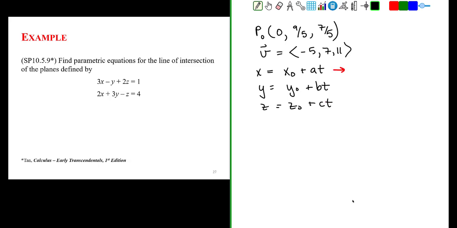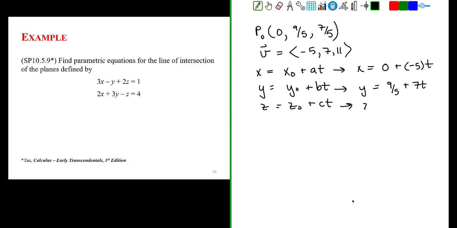Well, this then is x equals x0, which is 0. I'll just write it out here, but this is redundant. Plus a, well, a is -5, t. For y, we have y equals y0, which is 9/5, plus bt, so that's plus 7t.